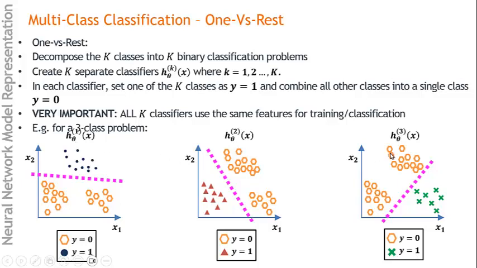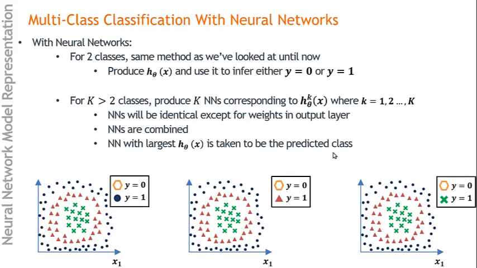Now, what's key here is that all classifiers use the same features, so they're using the same inputs. So why not use the same inputs in a neural network structure and do all 3 in a single neural network structure? And we'll see how that works in just a moment. Now we could use a separate network for each of the 3 classifications.